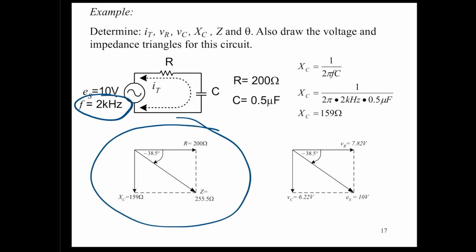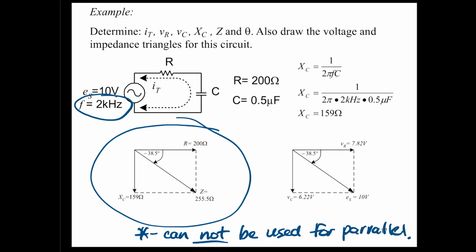But I do want to point out right now, this process of using an impedance triangle for Z total cannot be used for parallel. And you'll find me mentioning that a lot. And the reason I do is because, when we get involved in this, quite often you forget some of the things you've learned already.